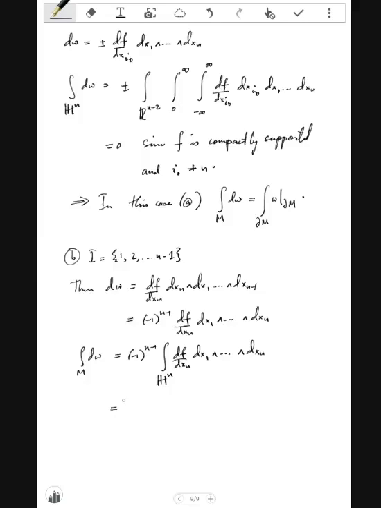This is equal to, since we have fixed the orientation dx1 up to dxn, df by dxn dx1 to dxn.